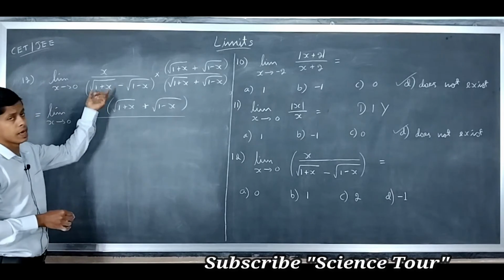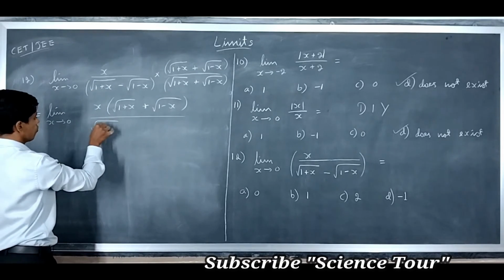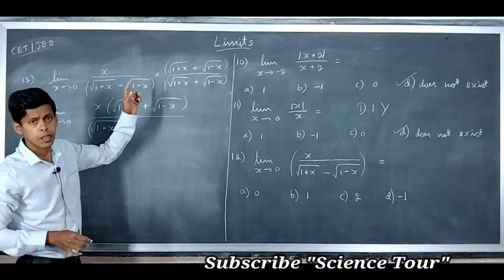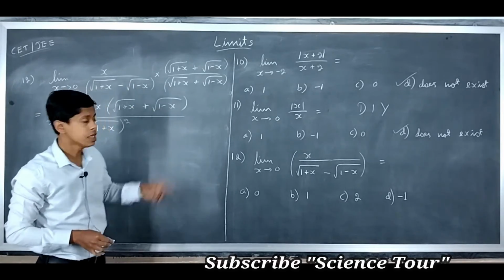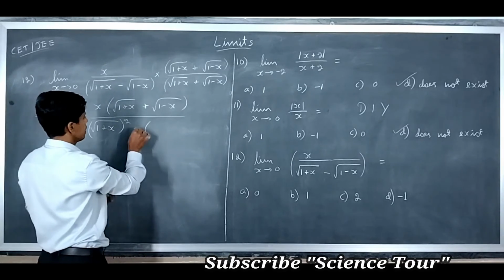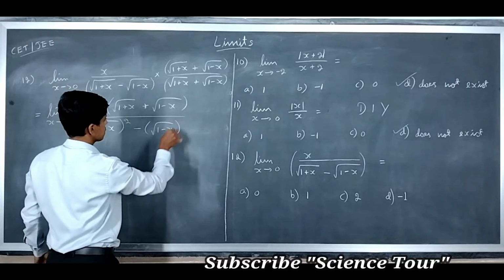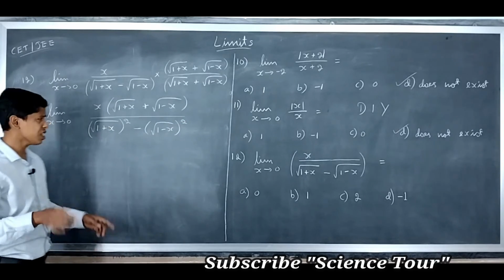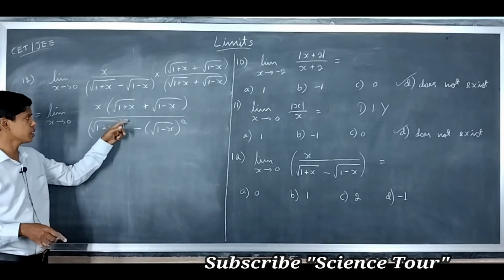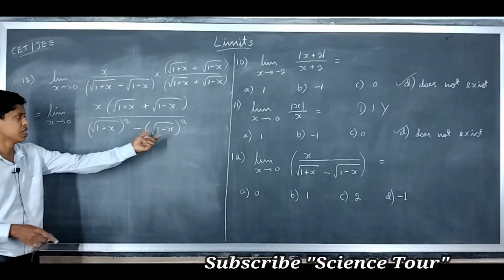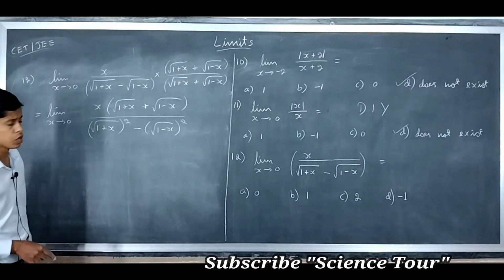So a square, what is it? Square root of 1 plus x the whole square, and then a square minus b square, right? So minus, and in place of b what you have got? Root 1 minus x the whole square. Now what happens here is square root and square will cancel each other. You will be left with 1 plus x and here 1 minus x.